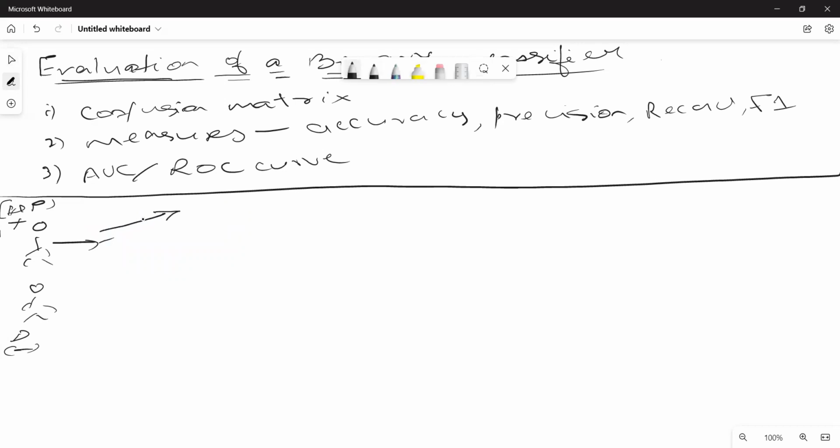So a healthy person can be tested as healthy, or the healthy person can be tested as not healthy. Now this is the non-healthy person. If this person tests, this will return two things: not healthy will return as not healthy, and not healthy will return as healthy.